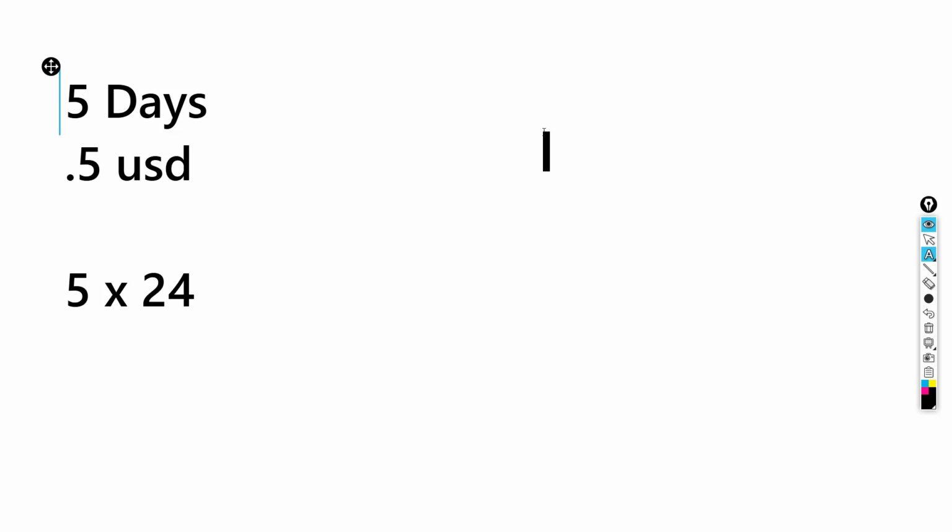Now, I'm considering these amounts on a monthly basis, but actually we end up paying per hour. This means that if I require a resource, say for 5 days, and I'm paying around 0.5 USD per hour, what will be the math? I'm using it for 5 days, so 5 multiplied by 24, multiplied by 0.5.